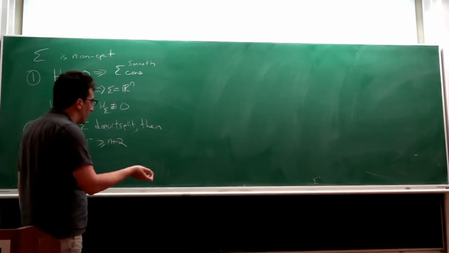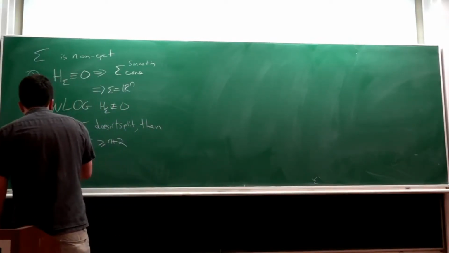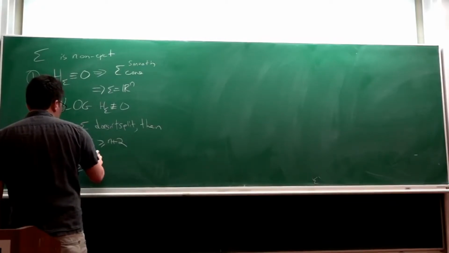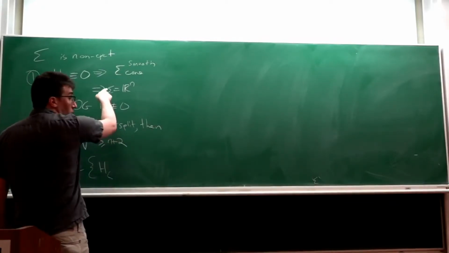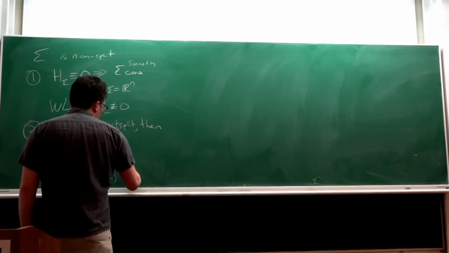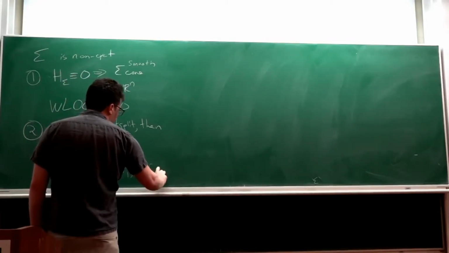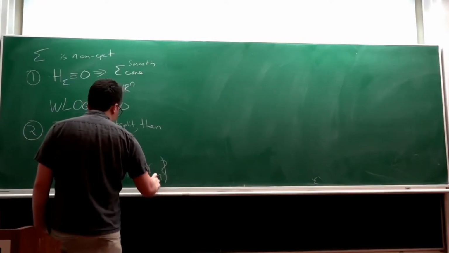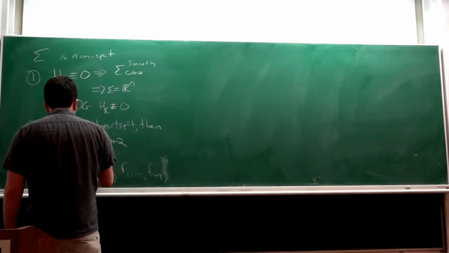Because V minus is going to contain h sigma, which is not 0 because we're not in the first case, and all of these f1 up to f n plus 1, the span of this.